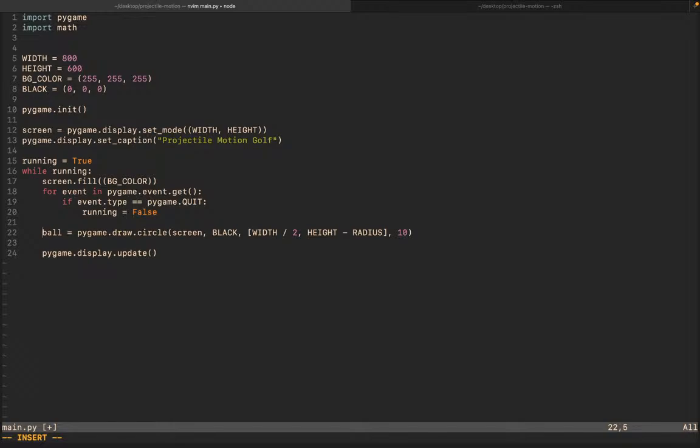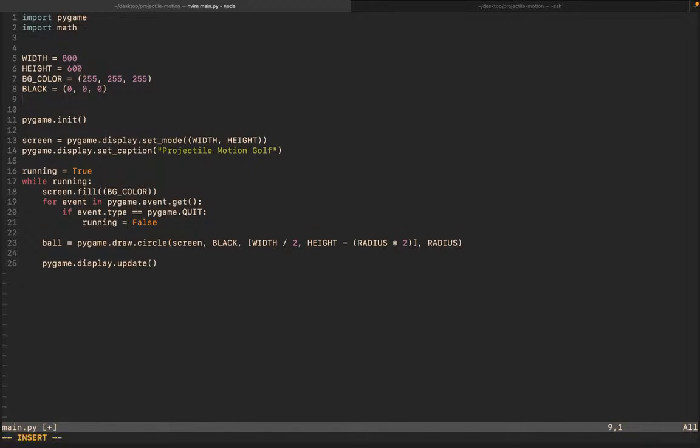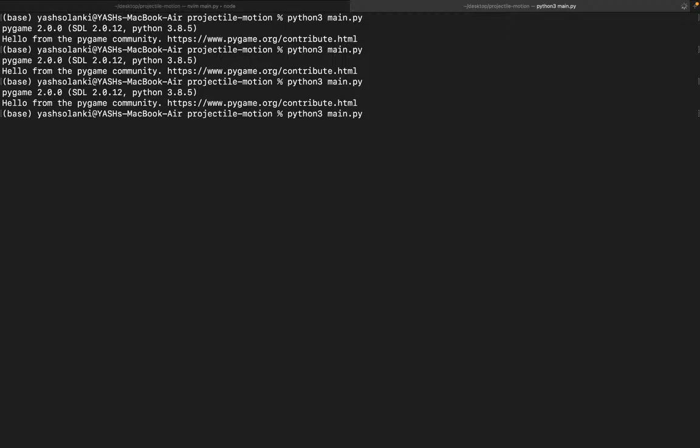Alright, so height minus radius times 2. And here we can just set the radius. And we can put this line and define radius as 10. And I guess that's correct. Not sure.